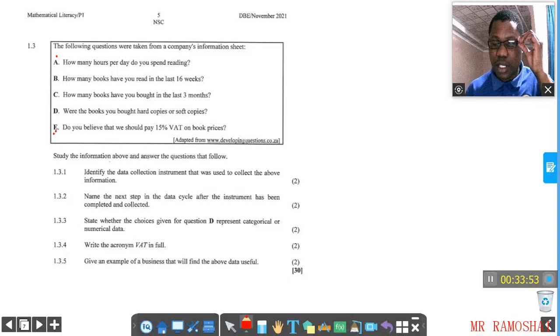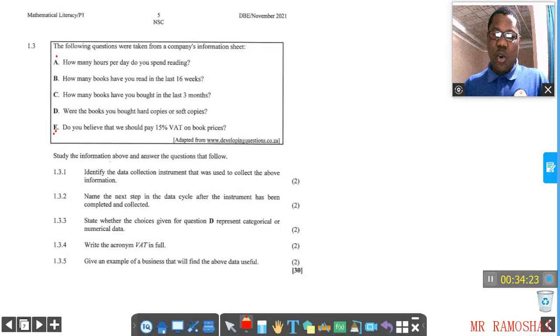So let's go to the question immediately. Identify the data collection instrument that was used to collect the above information, right? Now remember, we can use 3 methods of collecting data, but here they already gave you the word instrument.